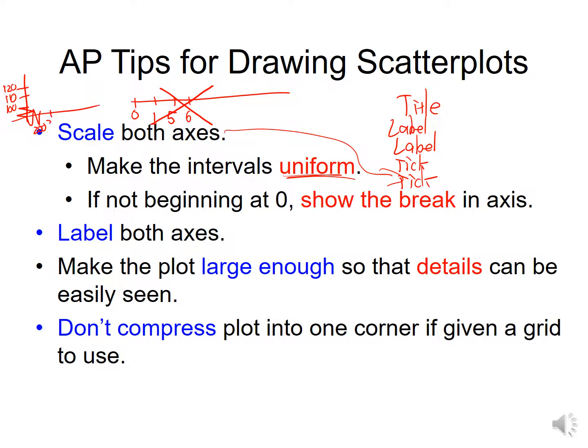This one goes to 210, 220. So from there, my scale is consistent. Using breaks can sometimes be a little bit dangerous. You never want to add a break in if you have data in that area, for sure. Even if 0, 0 is one of your points, do not add a break in your axis. Make the plot large enough. AP gives you plenty of space, and don't compress it into one corner, especially if you're given a whole grid.